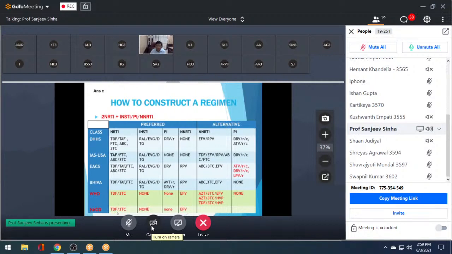NACO has tenofovir with lamivudine, and we have efavirenz. This is a very common regimen used in our country, and it is available as a single pill nowadays, and one can take the single pill after dinner or before dinner. We generally give this every day, once during night time, and this is available free of cost as a single tablet form.